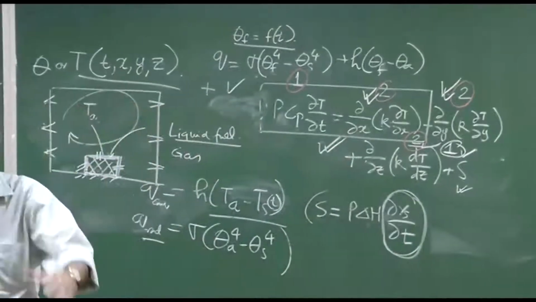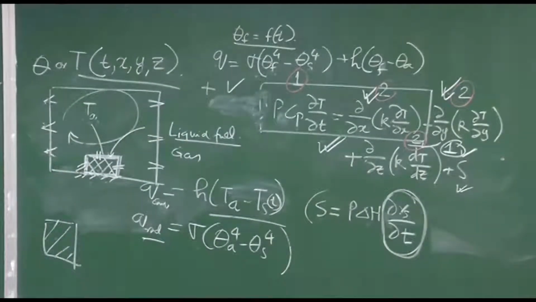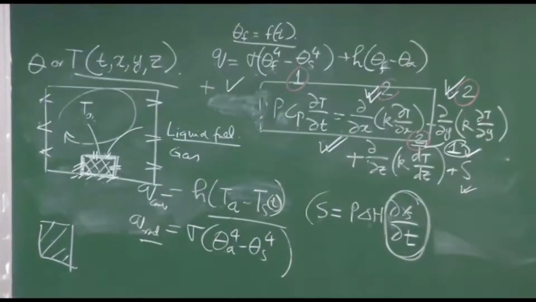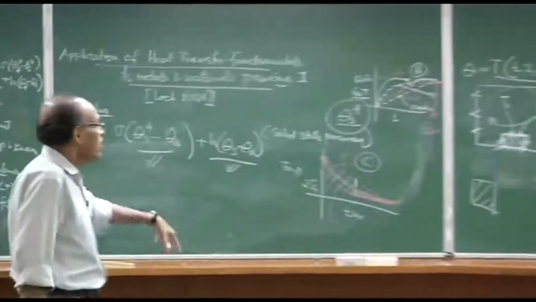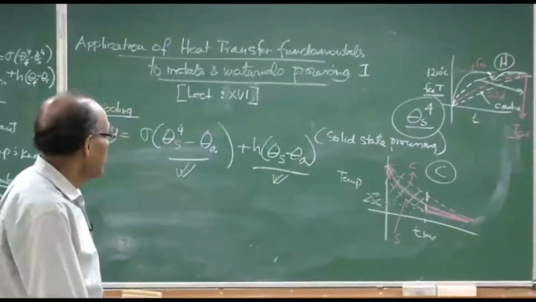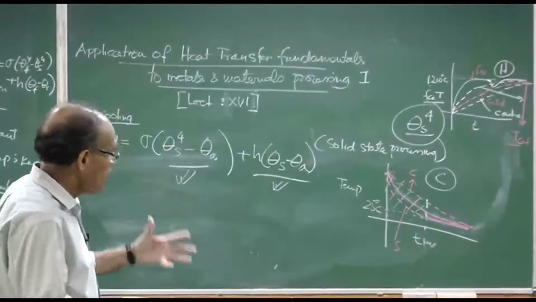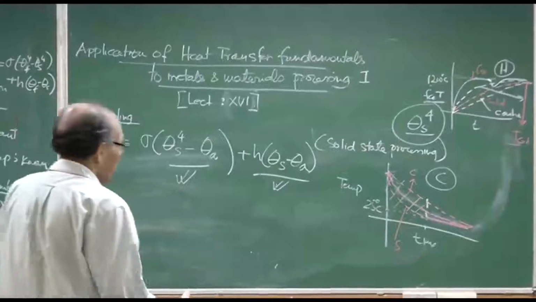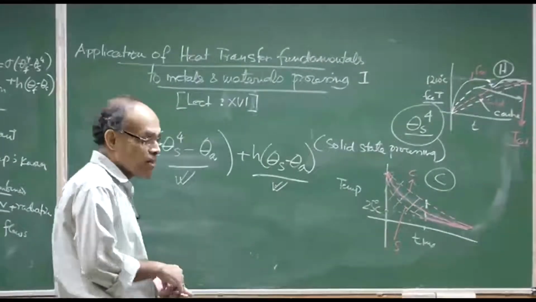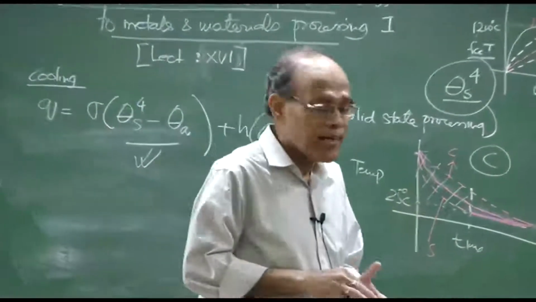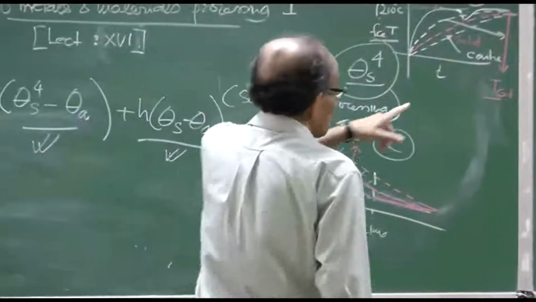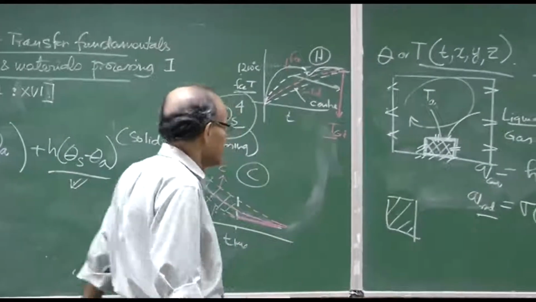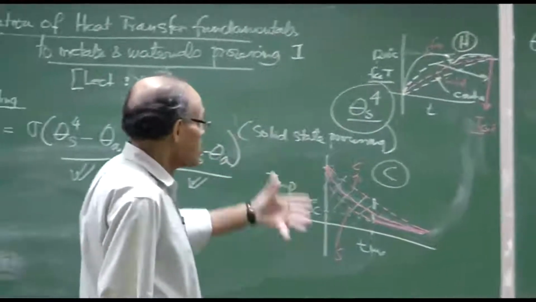So, all these fundamentals that you have studied in the context of heat conduction, convection and radiation are applicable if you want to simulate or study an industrial process such as heating of an object in a furnace or cooling of an object outside the furnace itself. So, we will finish the lecture here, and we will continue in the next class with, as I said, furnace cooling versus air cooling operation, what are the basic distinctions between the two, and we will discuss that elaborately.